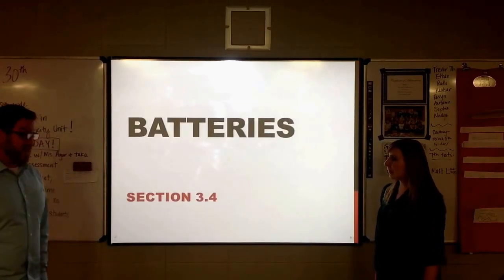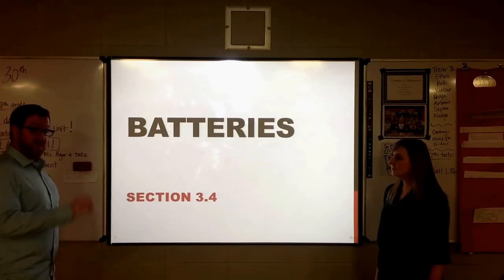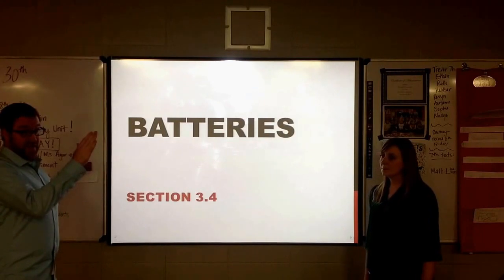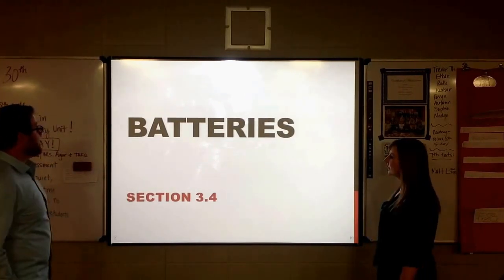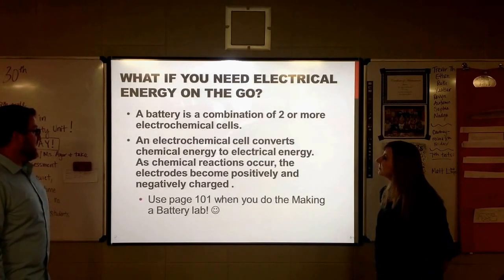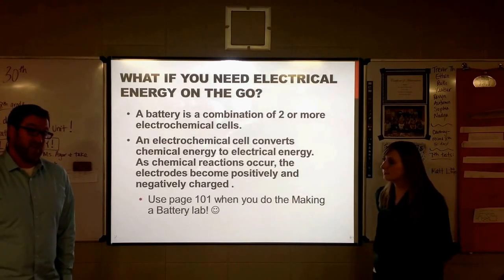All right, we're going to talk next about batteries. Section 3-4 deals specifically with how we take chemical energy and convert it into electrical energy. So in order to do that, we need to, again, consider the different parts of a battery.